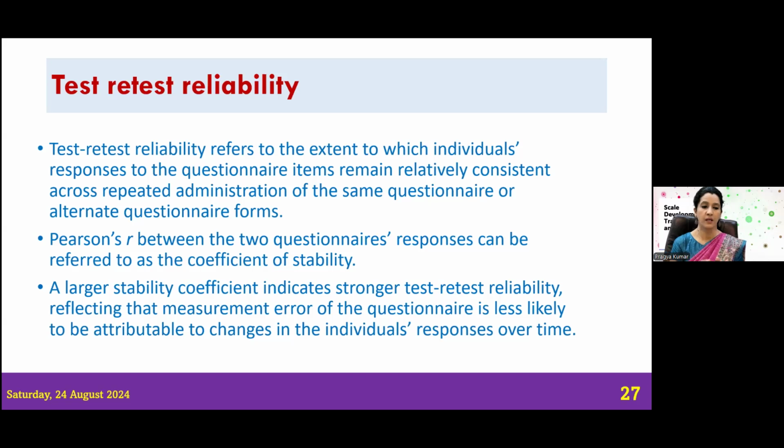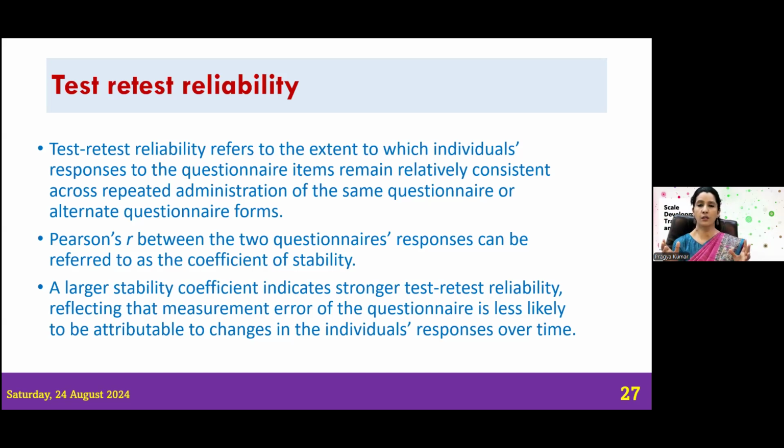So again, test retest reliability refers to the extent to which the individual responses to the questionnaire items remain relatively consistent across repeated administration of the same questionnaire. Or you can take alternate questionnaire forms also. When will an alternate questionnaire be done?